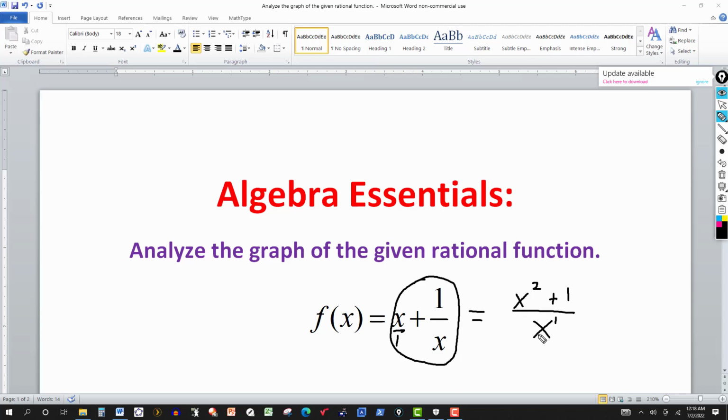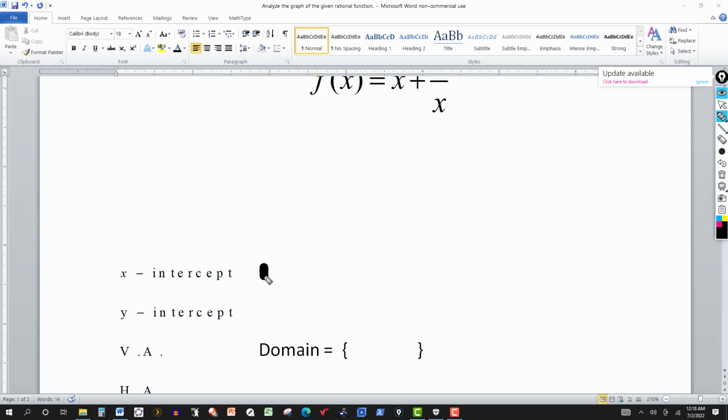So we know already from just looking at this that x equals 0 is a vertical asymptote, and y equals x is the oblique asymptote. For this one, there is no x-intercept. The graph doesn't cross the x-axis because we had the function in this form right here. The right side was x squared plus 1 over x.